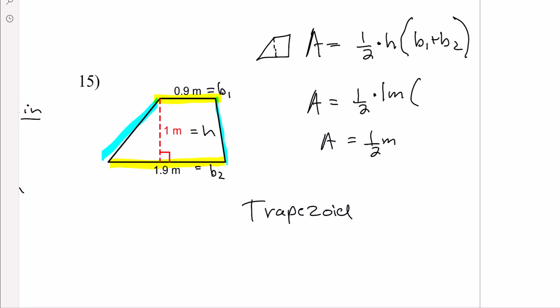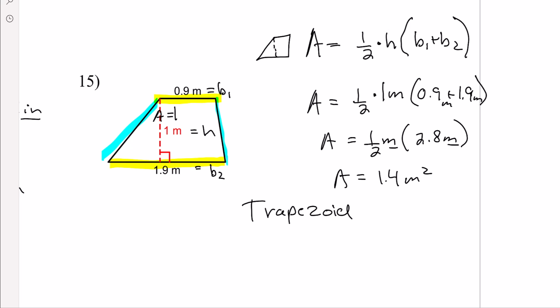We're going to add these 2 bases together: 0.9 meters for base 1, plus 1.9 meters. Add those 2 together, and we have 2.8 meters. And 1/2 of 2.8 is 1.4, but meters times meters is meters squared. So the area is 1.4 meters squared.